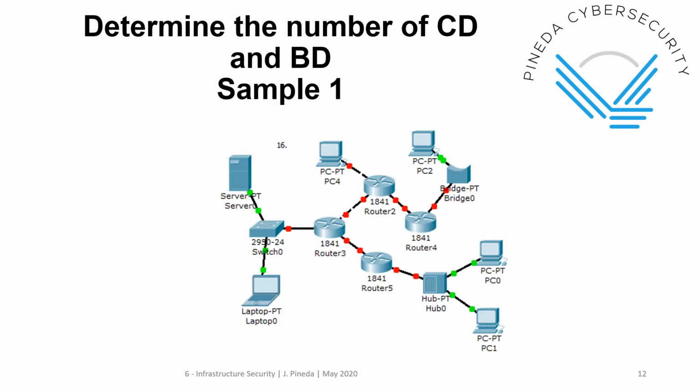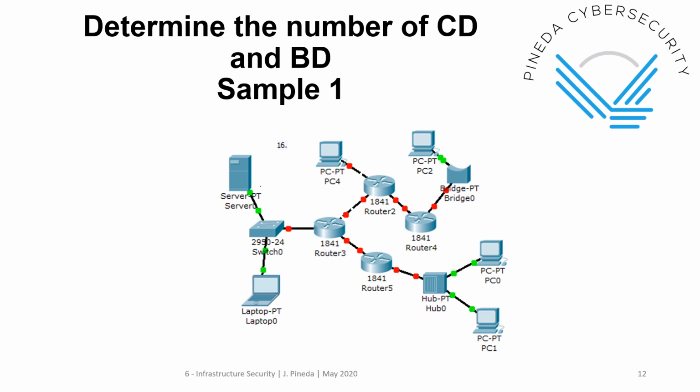Okay, so let's have an example. Determine the number of collision domains and broadcast domains. So for this example, remember if it's connected to a switch and a router, it has one count for the collision domain per interface. So let's count.